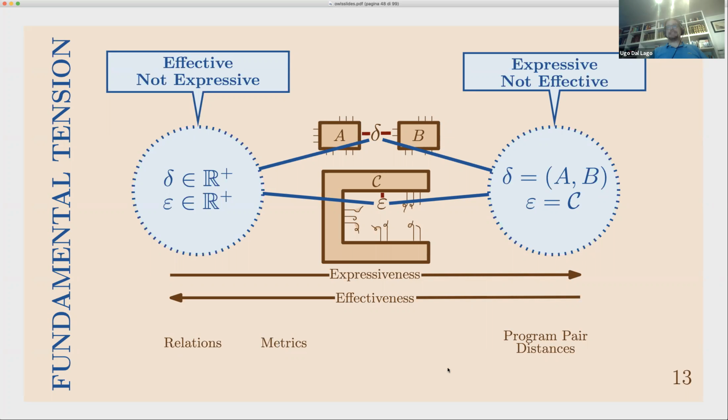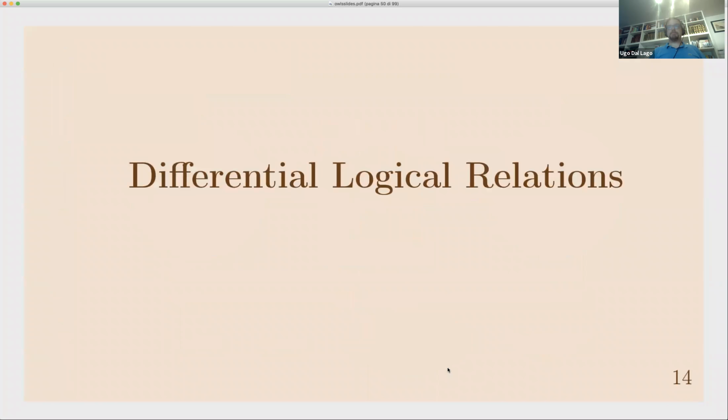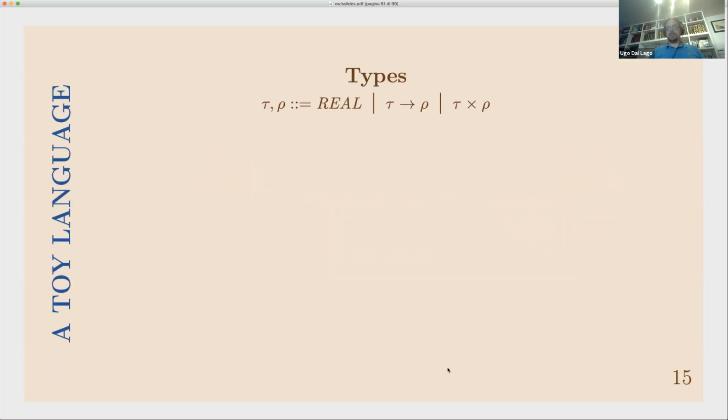And that's what I'm going to talk about in the rest of this talk, in the last 15 minutes. And it's also the first result I've obtained in an ongoing research project. So let's talk about the differential logical relations, which is a natural way, I would say, of generalizing logical relations and making them capable of accounting for differences.